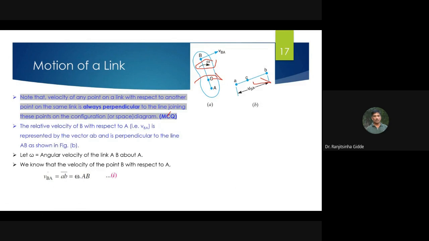So how to determine this VBA? We know V is equal to R omega.